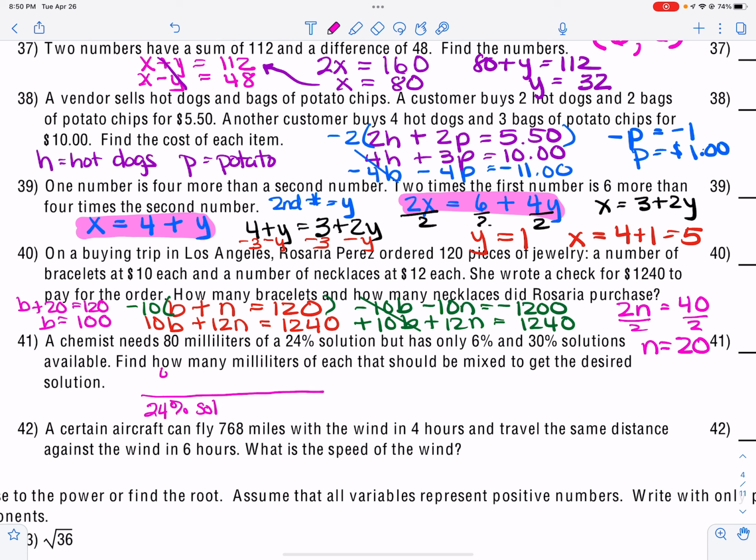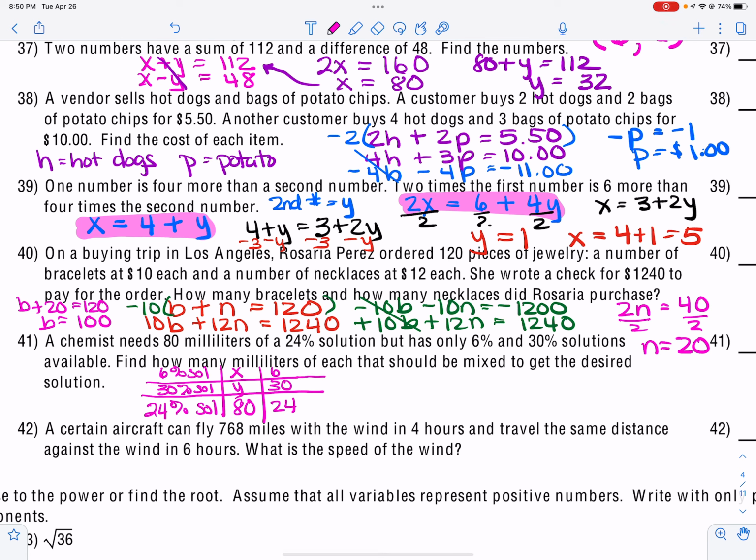But she has a 6% solution and a 30% solution, okay? So we don't know how many milliliters they need of each of these, but we know we want to make 80 milliliters. Then I just drop the percent signs and write those numbers there.